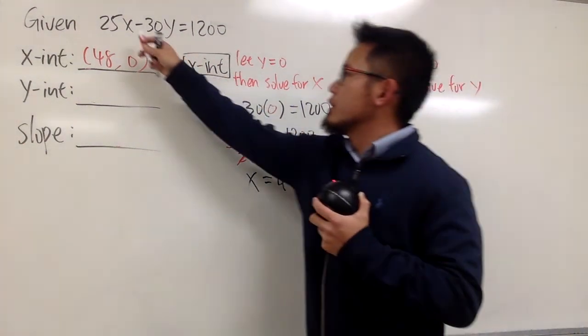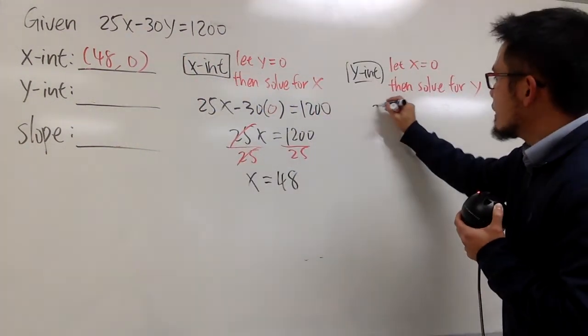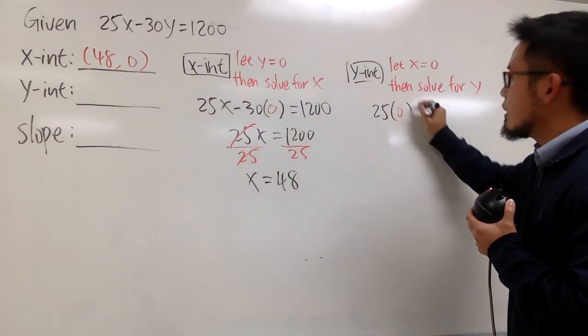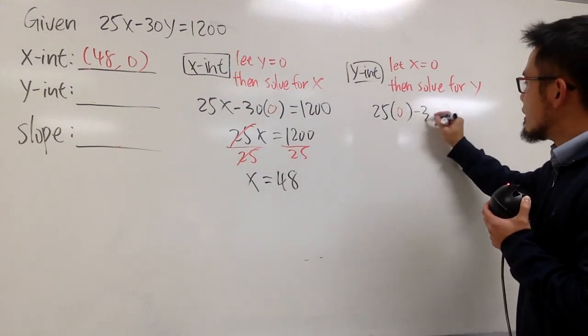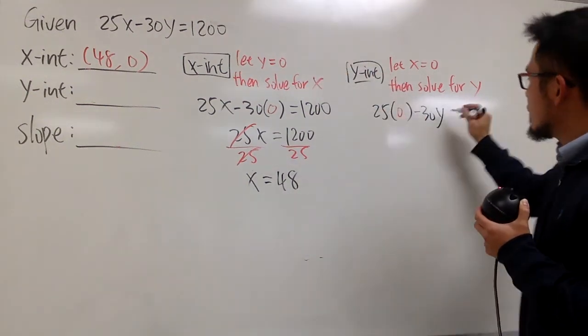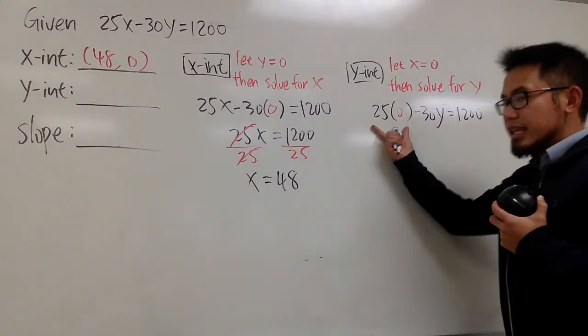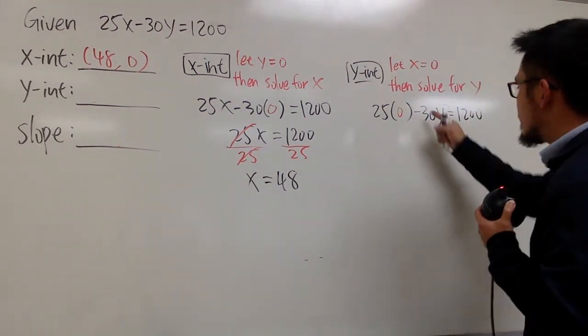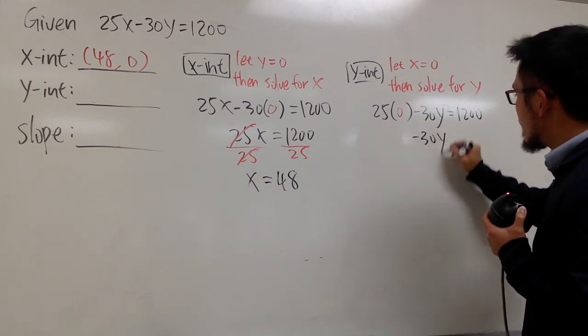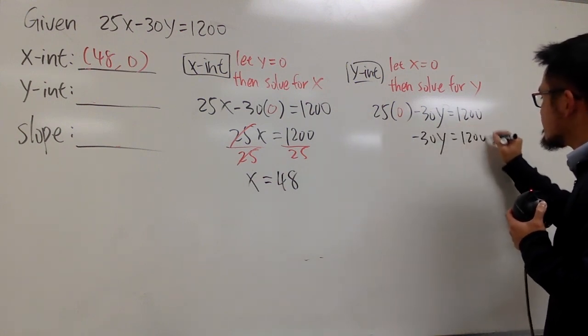Plugging 0 into this x, so we will have 25 times 0, and then minus 30y, and that's equal to 1200, okay? This part is 0, right? And then we will just have negative 30 times y, and that's equal to 1200.